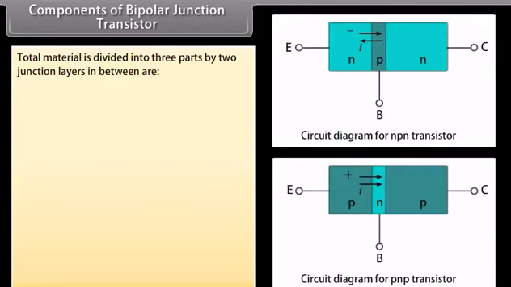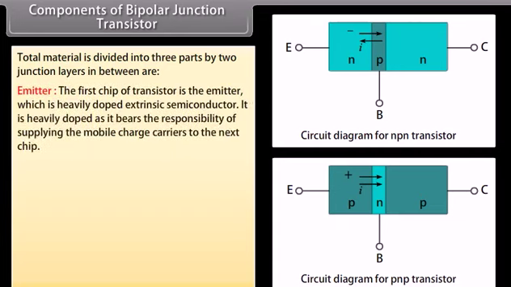The total material is divided into three parts by two junction layers in between. Emitter. The first chip of the transistor is the emitter, which is a heavily doped extrinsic semiconductor. It is heavily doped as it bears the responsibility of supplying the mobile charge carriers to the next chip.